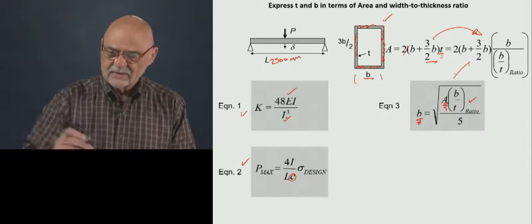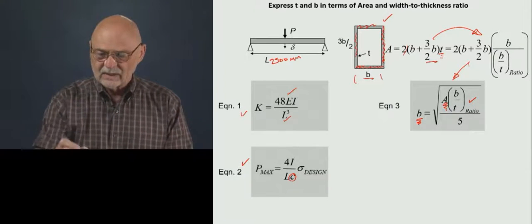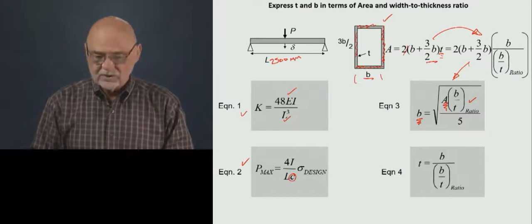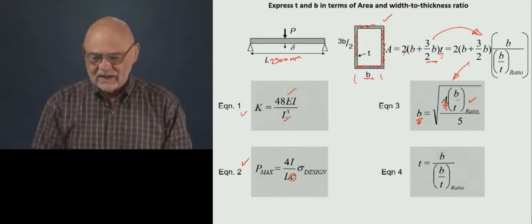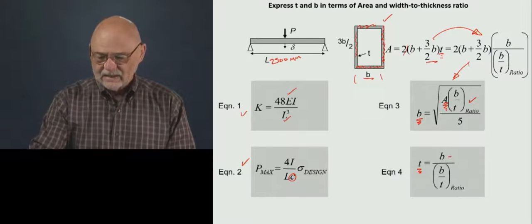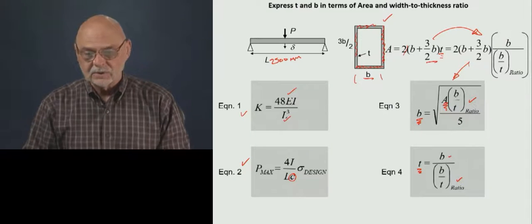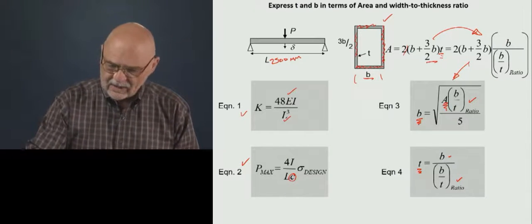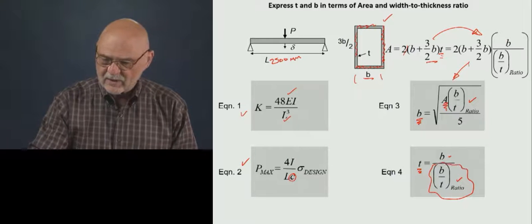So this is just taking that equation and solving it for B. And then equation 4 that we're going to be using, it's kind of a nonsensical equation. It's just saying that the thickness is equal to B divided by the B over T ratio. The reason that we're doing this in this peculiar way is that this is going to be an independent variable, something that we're going to vary.